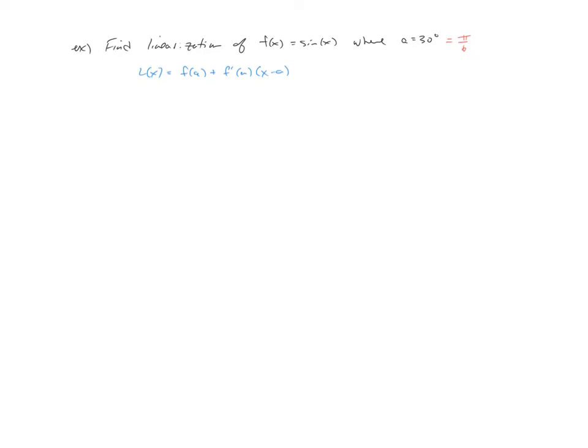One other thing before I get started: in this case we are going to need f prime, and so f prime would be cosine of this guy. So as I write this out, don't forget that. All right, so we've got L of x equals our function evaluated at a, which is pi over 6, plus the derivative, as we talked about cosine, evaluated at pi over 6, times x minus pi over 6.